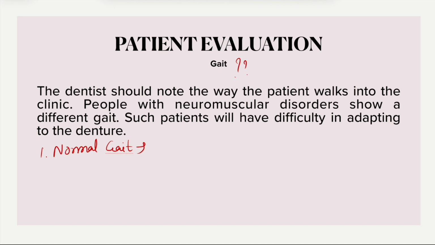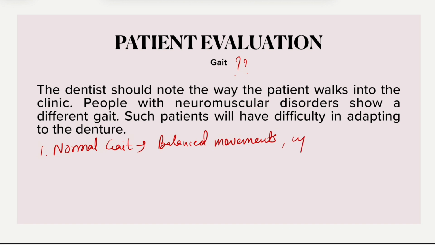Normal gait is characterized by balanced movements, upright posture, and coordinated steps. And a normal gait indicates good general health and adequate neuromuscular control. Such patients usually adapt well to the dentures.